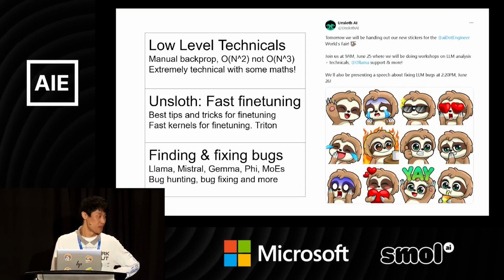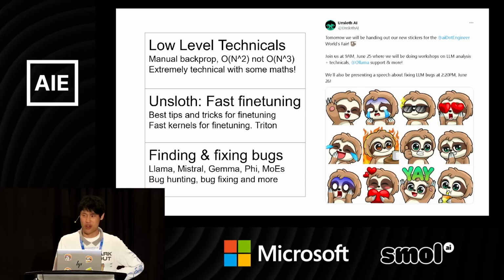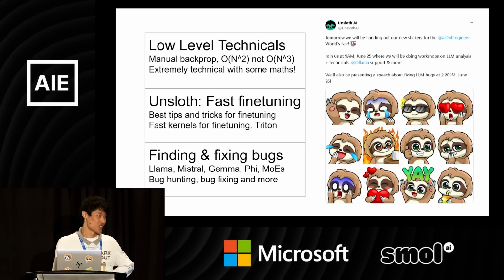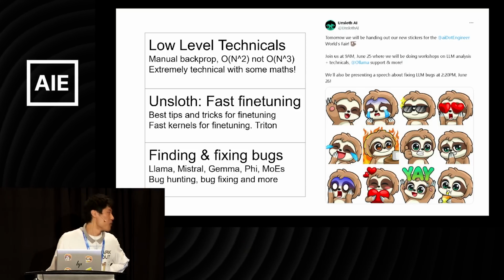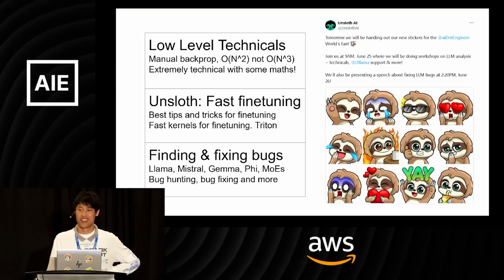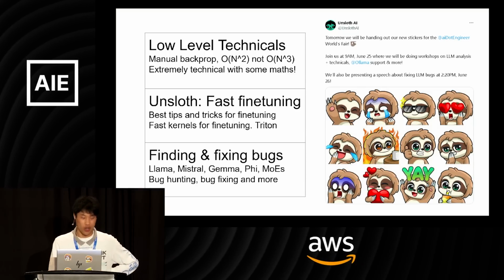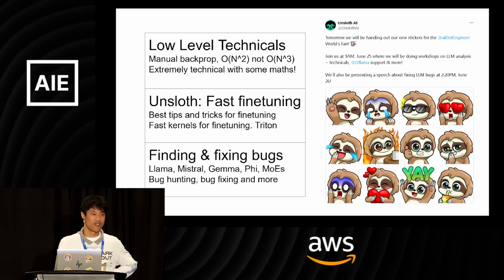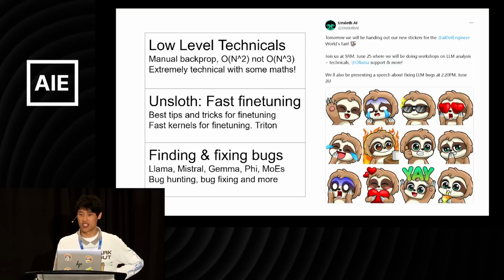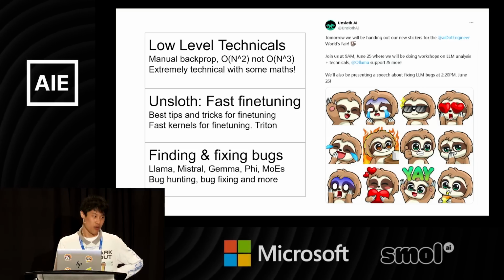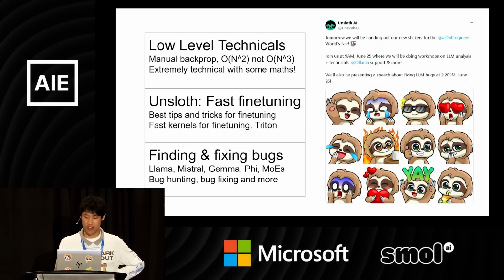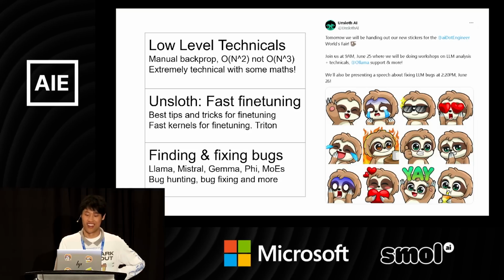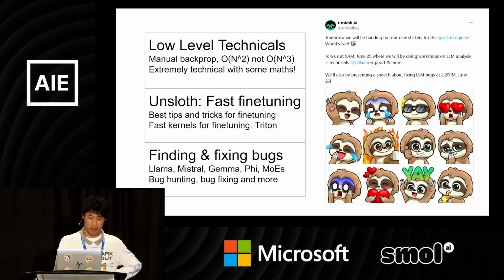There is a lot of maths, but I will try my best to explain as simply as possible. That's the whole goal of the workshop. Just a reminder, I nearly failed my maths in university, so do not be scared.